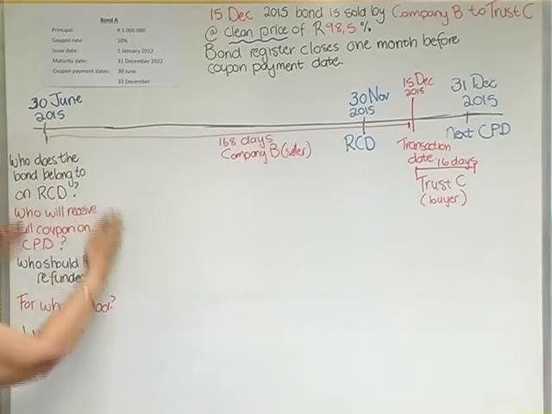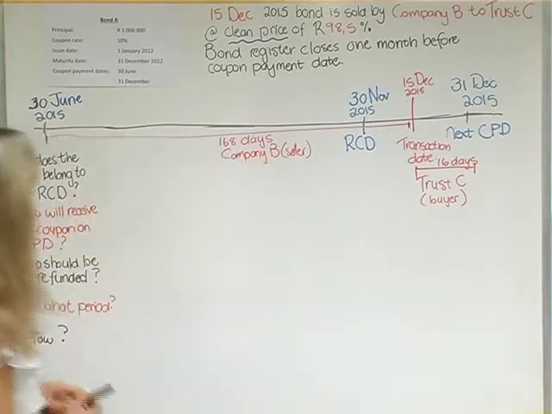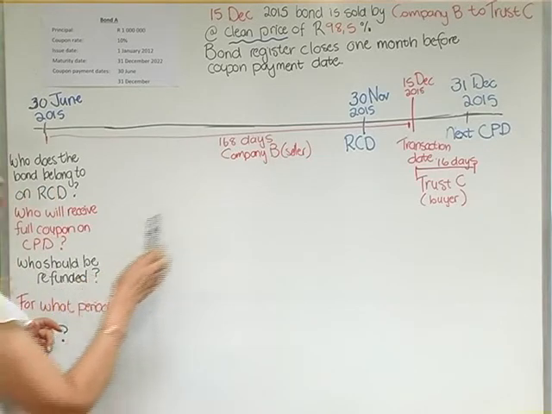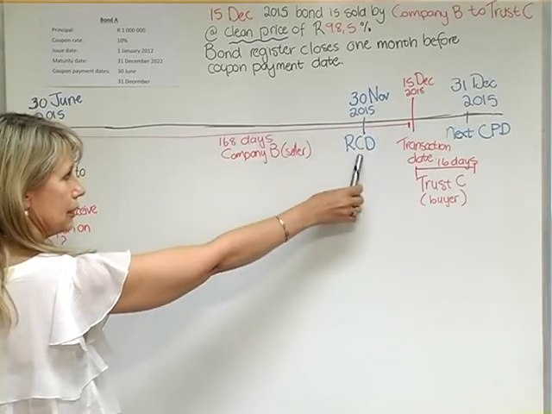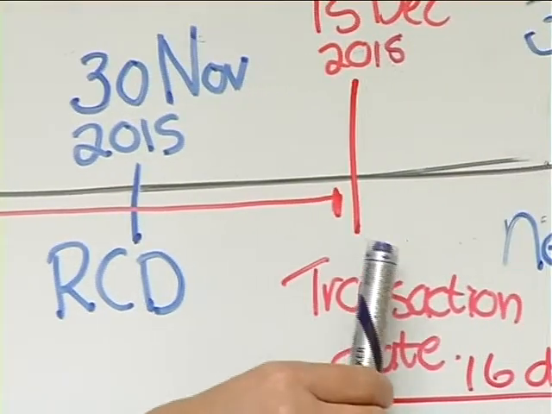Right, so let's see. We're going to ask the same questions that we asked in the previous video clip. Who does the bond belong to on the register closing date? Now, this is the register closing date, and the transaction has not taken place yet.